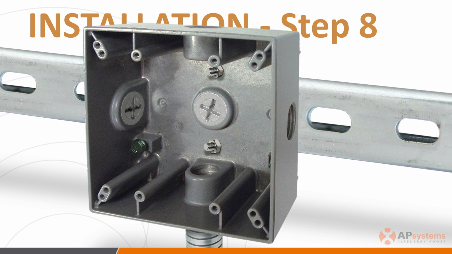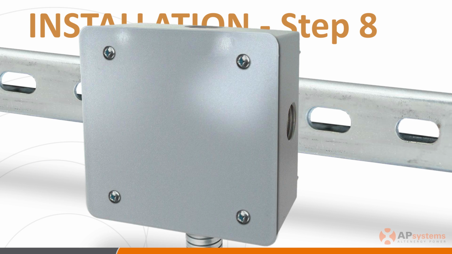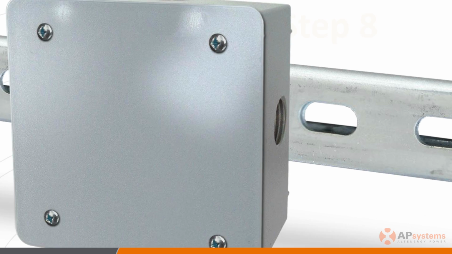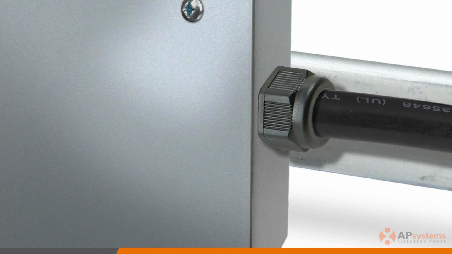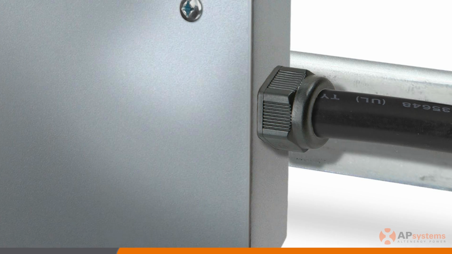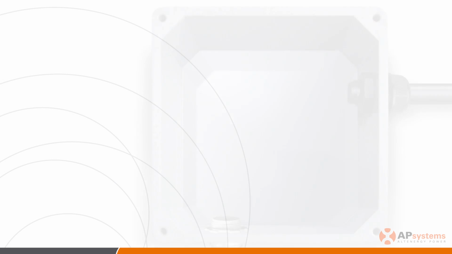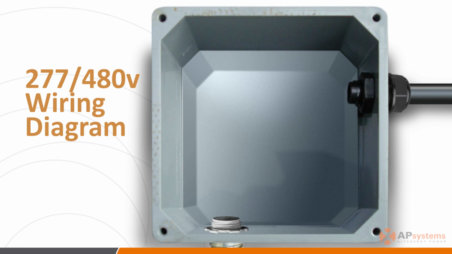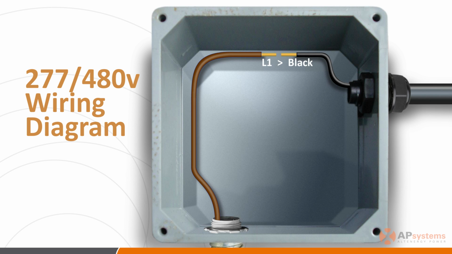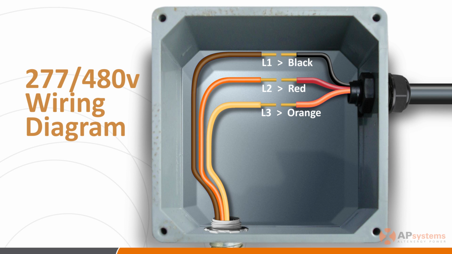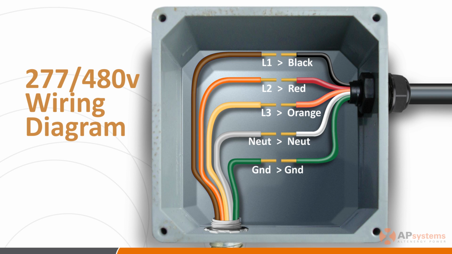Install an appropriate junction box at a suitable location on the PV racking system, typically at the beginning of the branch of modules. Next, connect the open wire end of the AC bus cable into the junction box using an appropriate gland or strain relief fitting. Wire the connectors as follows. On the 277-480 inverters, it is L1 to black, L2 to red, L3 to orange, neutral to white, and ground or PE to green.